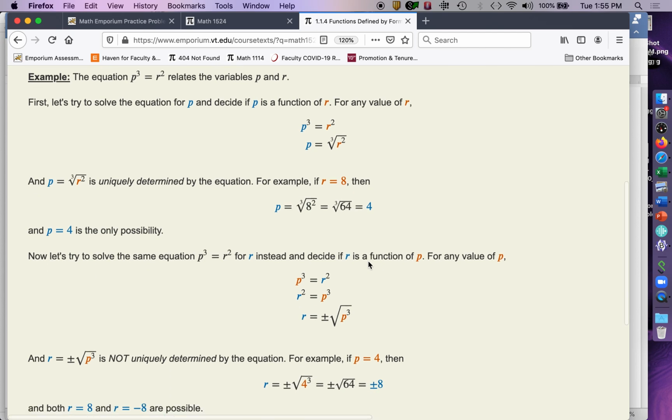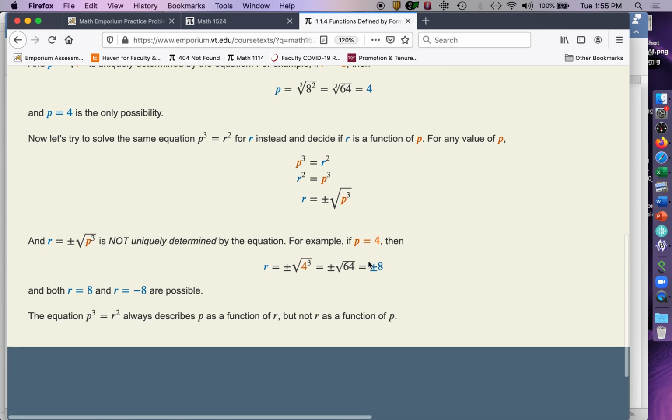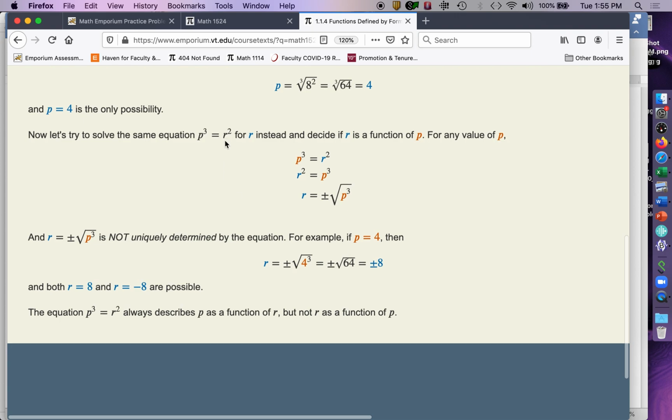But what if we try to solve the same equation, p cubed equals r squared, for r instead? Well, we start with p cubed equals r squared. When we try to get the r by itself, we take the square root. Because we are taking the square root, it wasn't already written on the paper, and 2 is an even number.